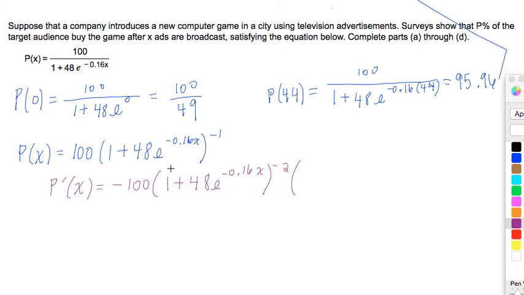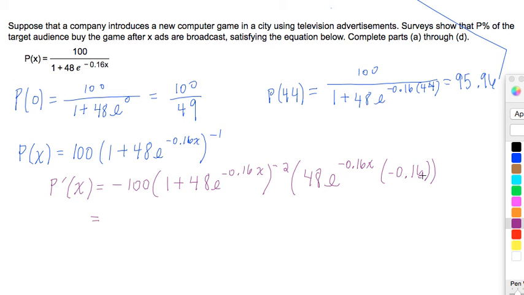The derivative of 1 is 0, and the derivative of the other part is 48 times the derivative of e to the negative 0.16x. That's another chain rule: it's e to itself times the derivative of the inside function, which is negative 0.16. Let's clean this up.